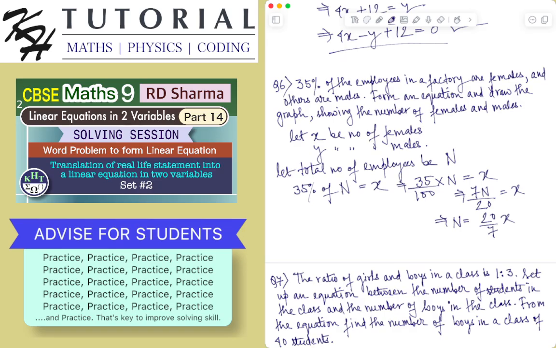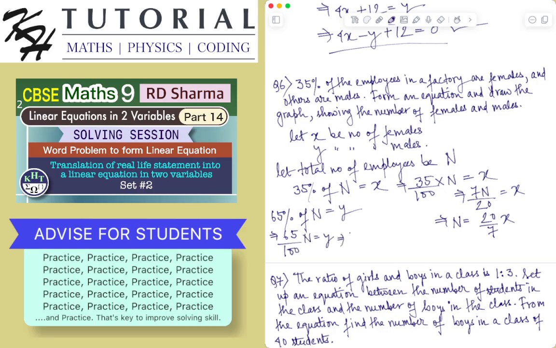Now we also know that 65% of the employees are males. The number of females we have assumed to be the variable x, and the number of males we have assumed to be the variable y. So 65% of total employees, which is capital N, should be equal to y. This implies that 65 by 100 into N is equal to y.